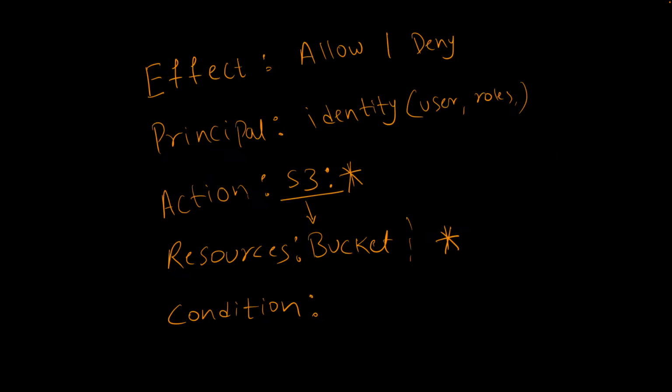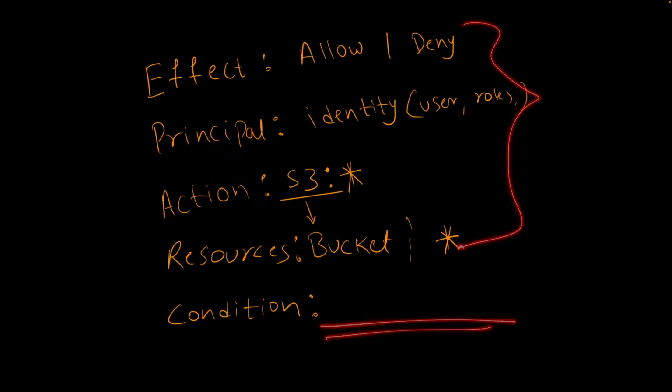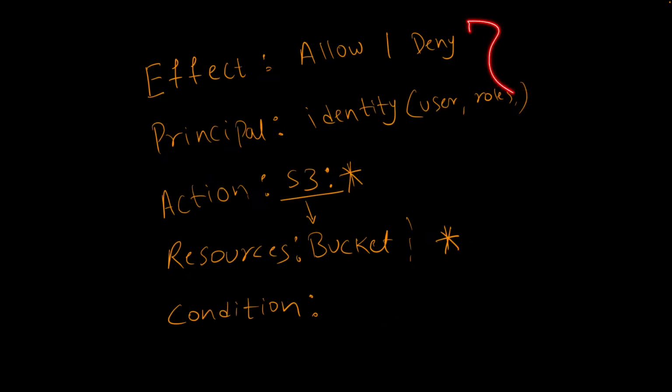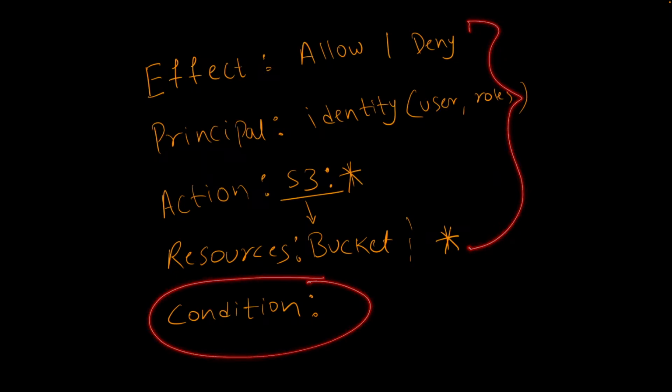Final thing, a condition. Condition specifies that all these statements are going to be true only if these conditions are fulfilled. So the permissions are going to be effective only and only if the condition turns out to be true.